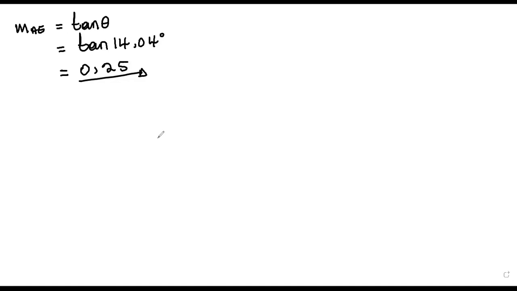So now that you have that information, they ask you to calculate the coordinates of point T, which is just the point of tangency. So what are you going to do? One thing you know that the gradient of a tangent at a certain point on the curve is equal to the gradient of the function itself at that point.